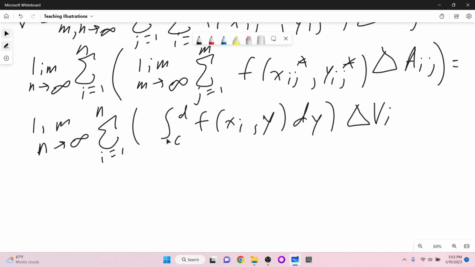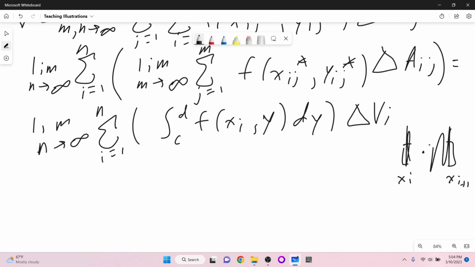And so then this says we go left to right, we pick one point in the x between xi and xi plus 1. We pick one point and then calculate the volume of the entire strip. Do that for every strip. Multiply to get the volume, or integrate to get the volume.